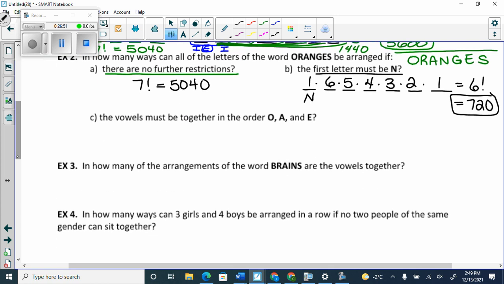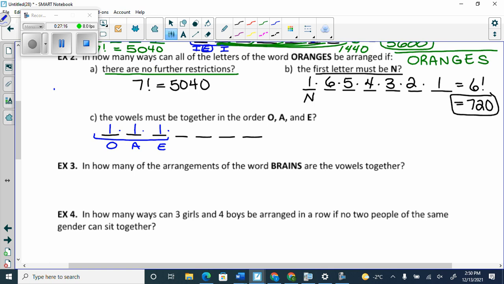C says the vowels must be together in the order OAE. 1, 2, 3, 4, 5, 6, 7. Does it say together at the front? No, it just says together in the order OAE. How many options? 1, 1, 1. How many letters have I used up? 3.